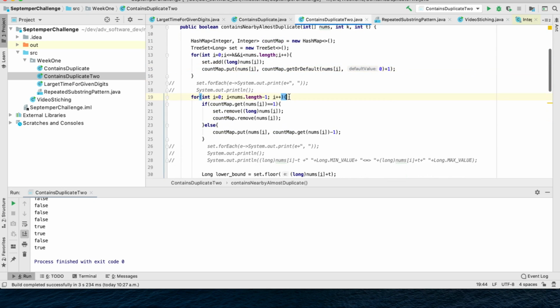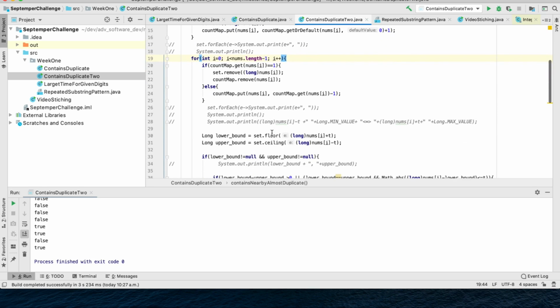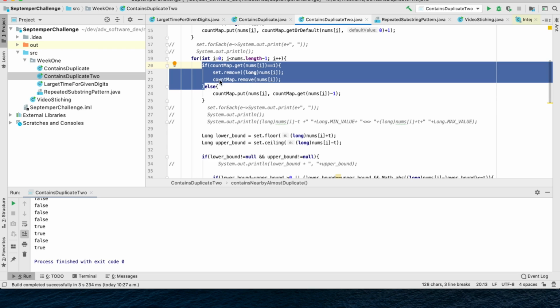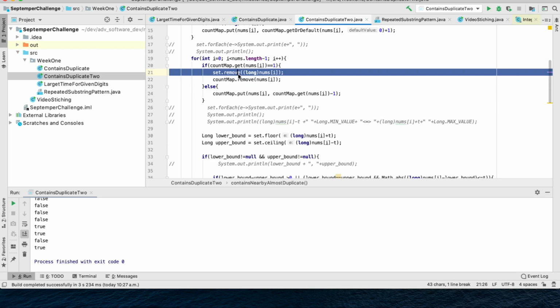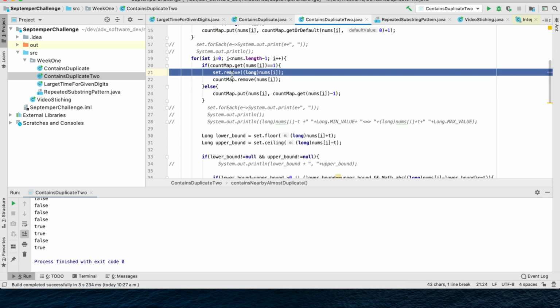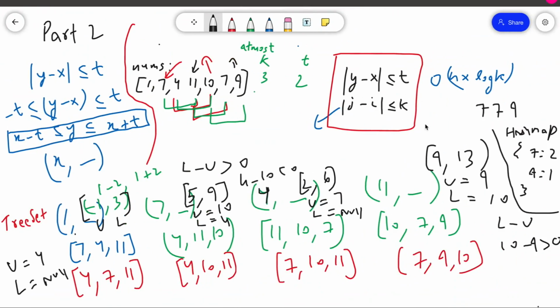Then I am iterating over the array from i to nums.length - 1, and as I showed you, I am first deleting the current element which we are processing from my tree set if the count in the hash map is 1. If the count is not 1, then we will not delete from my tree set, as I explained here.